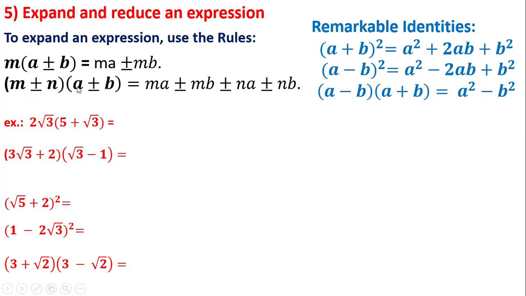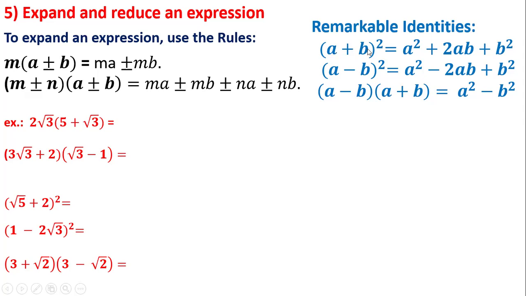We worked on these rules a lot last year. We might have two parentheses multiplied together. m plus or minus n into a plus or minus b. We multiply the first by the first, the first by the second, then the second by the first, then the second by the second. This is the rule. Or we might use remarkable identities.